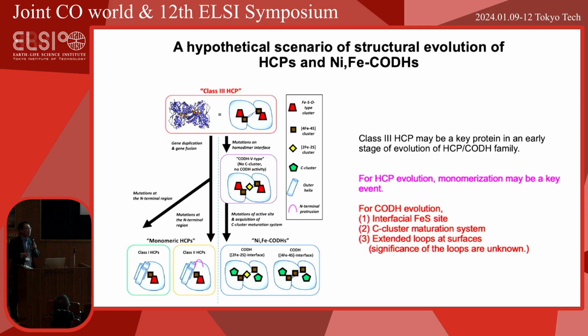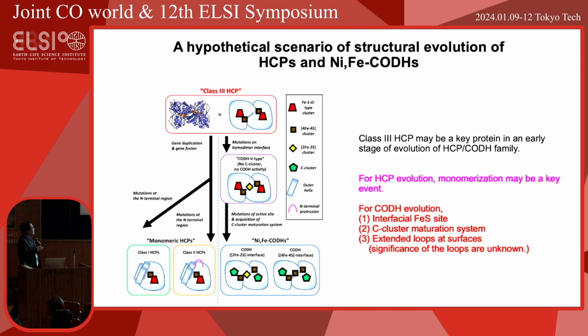Now we have one hypothetical scenario to understand the structural evolution of the HCP-CODH family. If HCP class 3 is the origin of this type of family, for HCP evolution, the dimerization could be broken to a monomeric one, and some of the loops are modified.